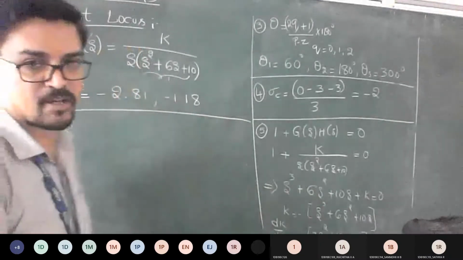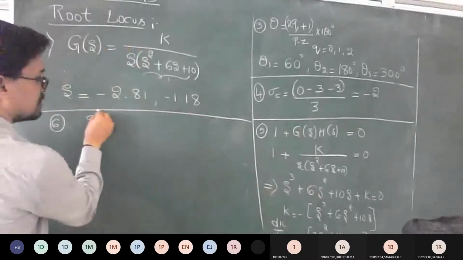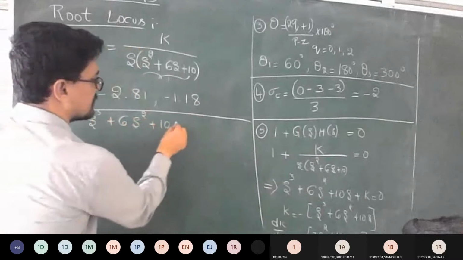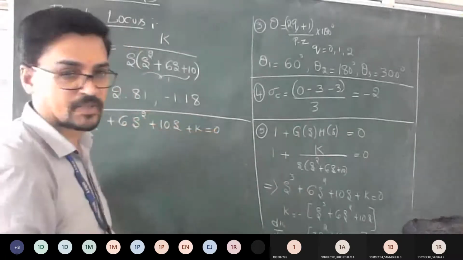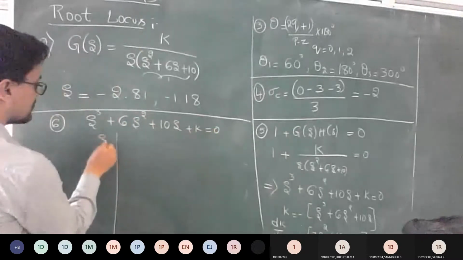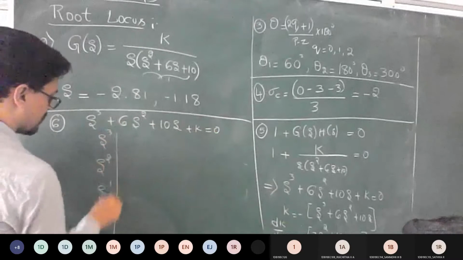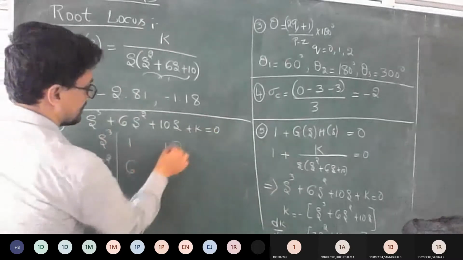Find the intersection of this. The equation is s cube plus 6 s square plus 10s plus k equal to 0. Check your Routh array: s cube, s square, s power 1, s power 0. So it's 1, 6, 10 and k.